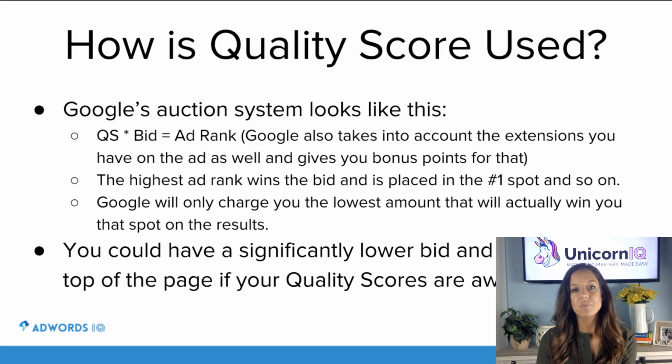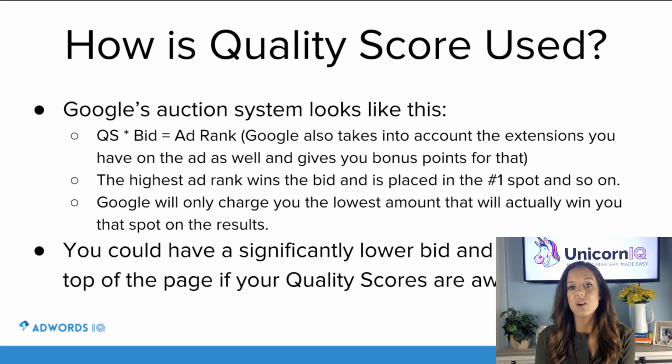So we've talked about quality score and how it's a rating of quality and relevance. And new keywords, like I mentioned before, they automatically get added with a quality score of 6 and a value of average. You'll see that in your account for their expected click-through rate, for their ad relevance, etc. And that's because when you add a new keyword, the system just calculates that it doesn't have any information about that keyword's past performance.